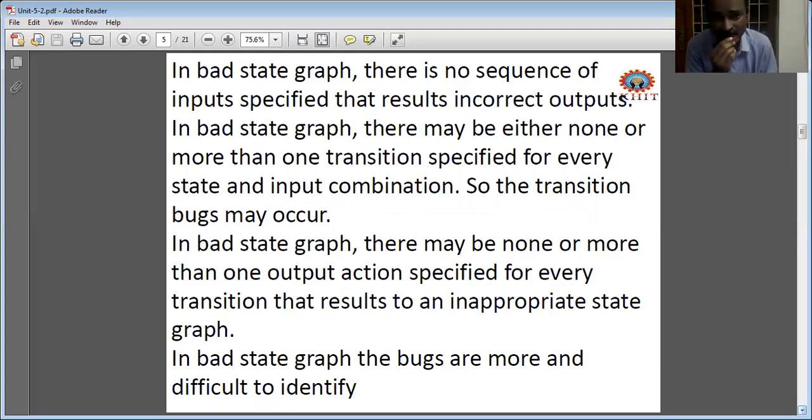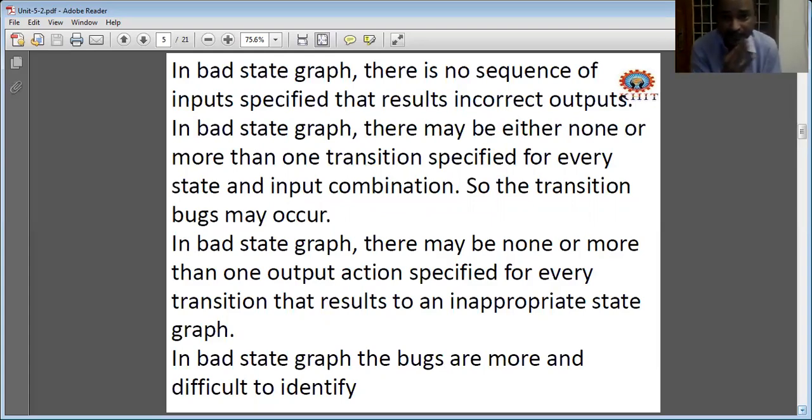In a bad state graph, there may be either none or more than one transition specified for every state and input combination. Previously, in a good state graph, there is only one transition, and transition bugs may not occur.